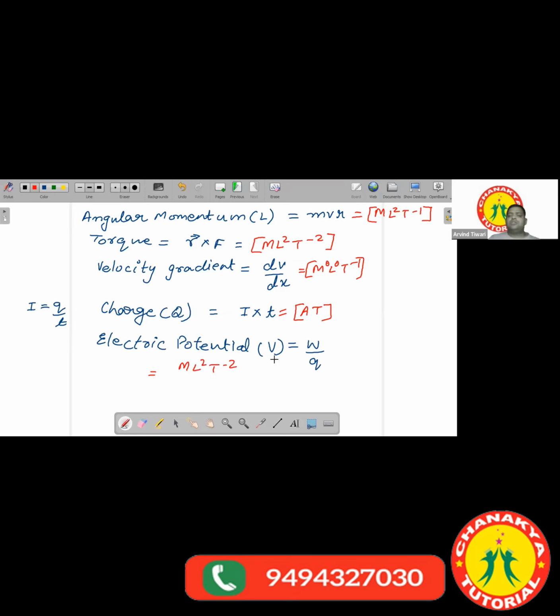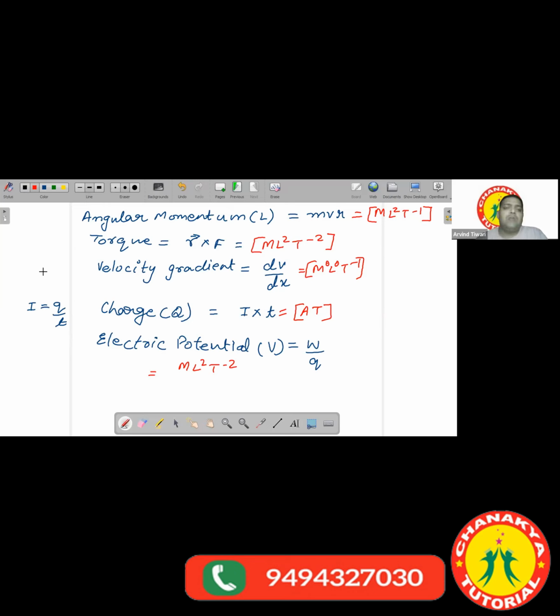You can go one step back and perform the dimensions of work by the formula force multiplied by displacement. It is my habit, I remember all of them. But if you do not remember the dimensions of work, it's not possible for you to remember it right now.